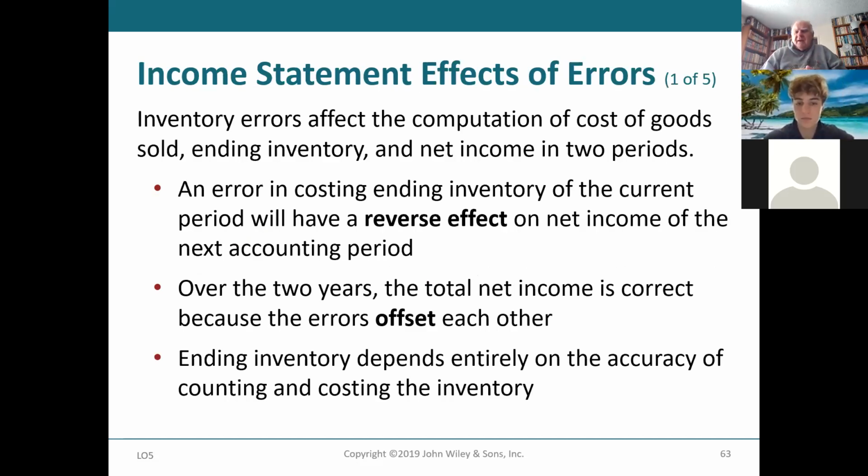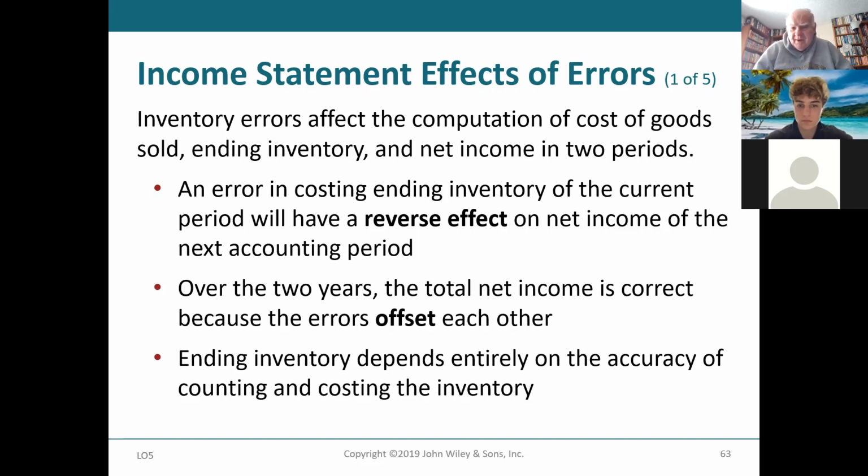If you fail to count something this period, you are going to understate your net income. You're showing a net income of $10,000, but that's after you failed to count a $5,000 piece of inventory. If you had counted correctly, your profit would have been $15,000. So you screw up the first year.